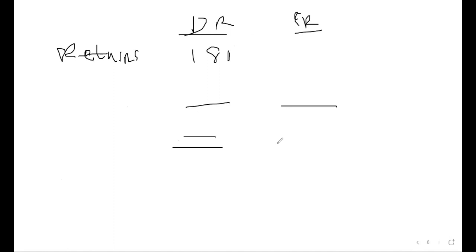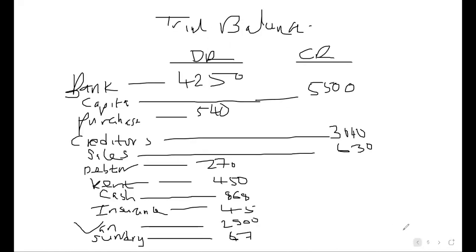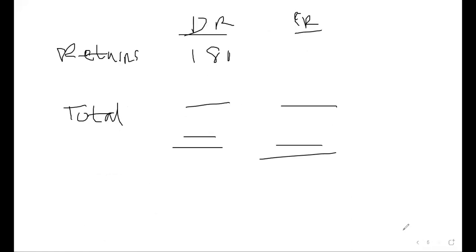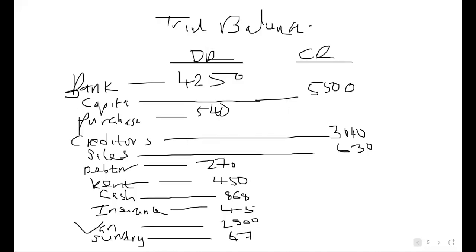We have to find the total here. Okay, so the total for this one, the total is giving us what? 9,170. 55 plus 3,040 plus 630.